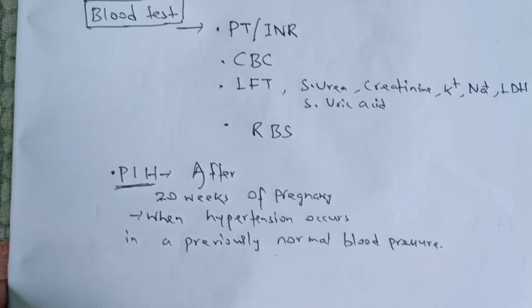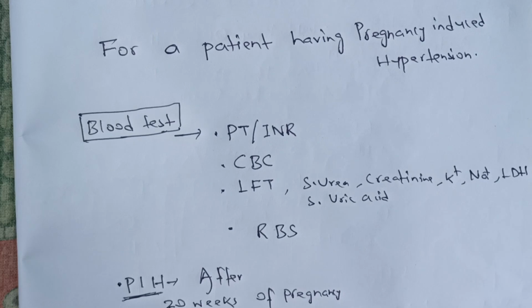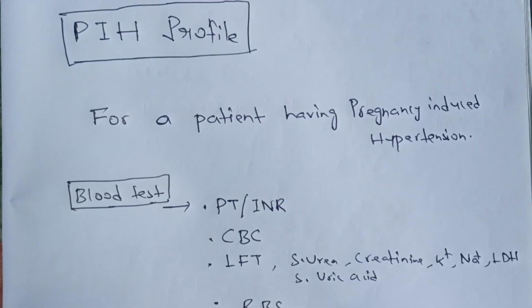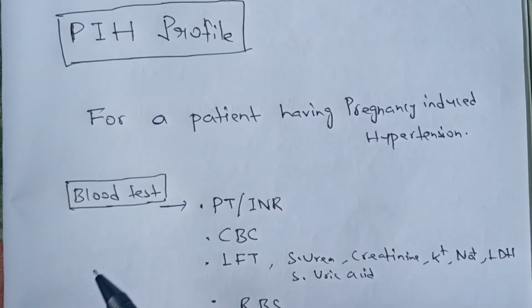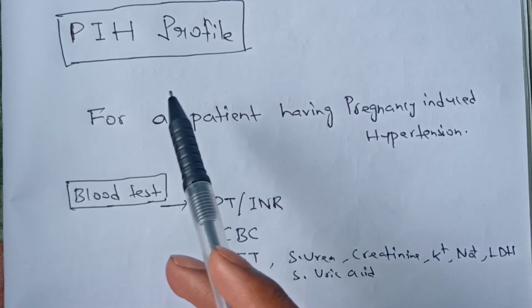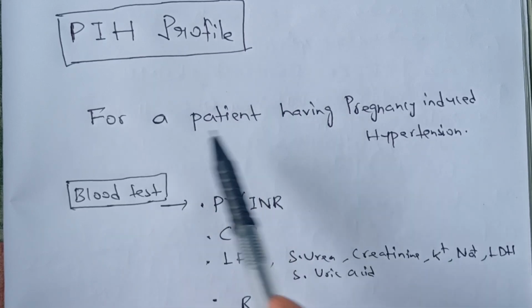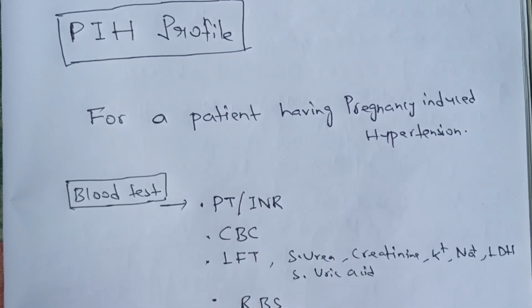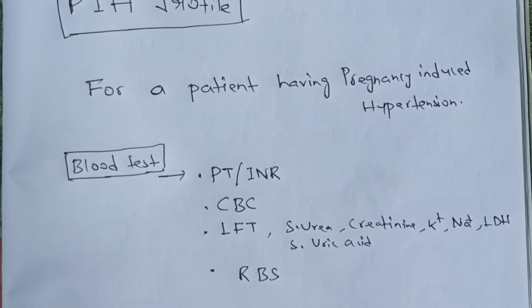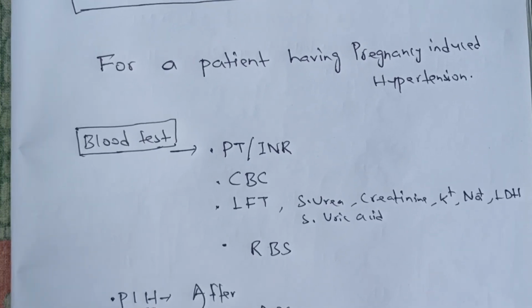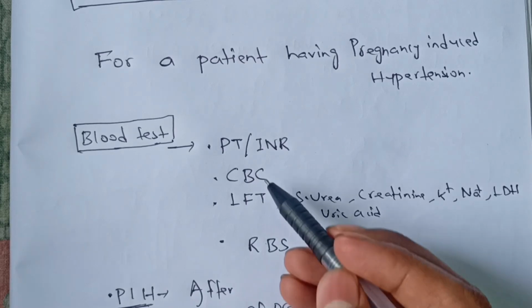So what is the PIH profile? PIH profile means we have to do blood tests, pathological tests, for a patient having pregnancy-induced hypertension. The tests required are PT-INR. PT means prothrombin time, INR is international normalized ratio.